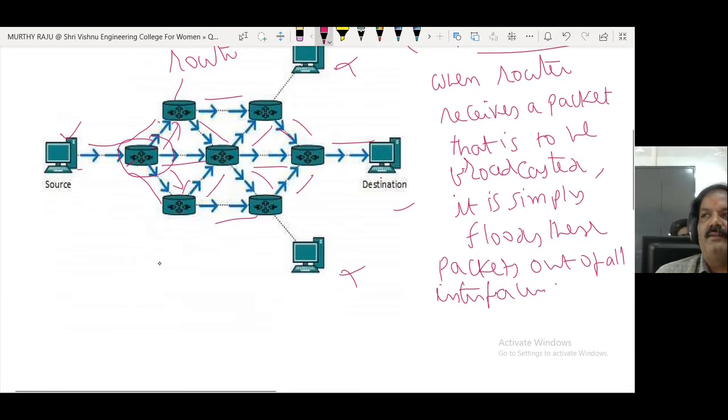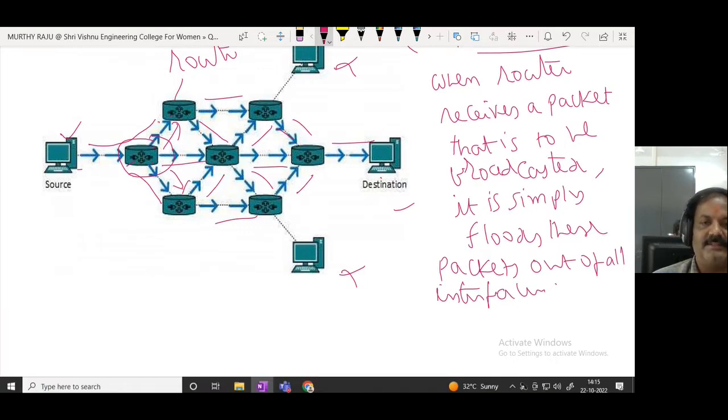This is called flooding. The router identifies the outgoing lines. That particular router places the packets on the outgoing lines, except the line from which the router received the packet. That is called flooding.